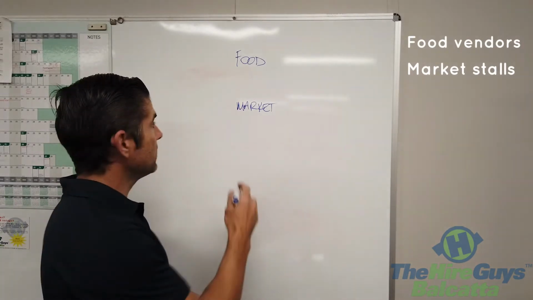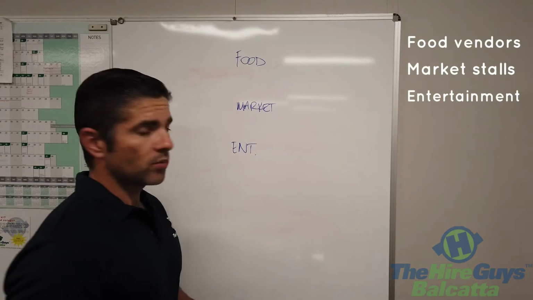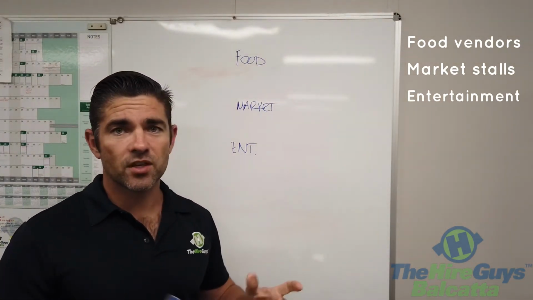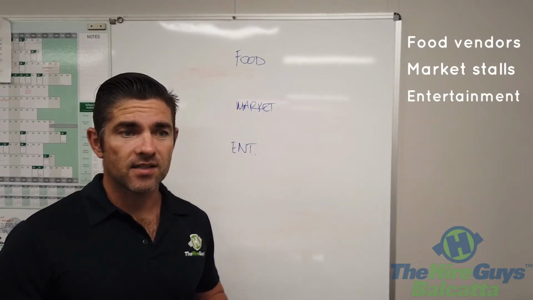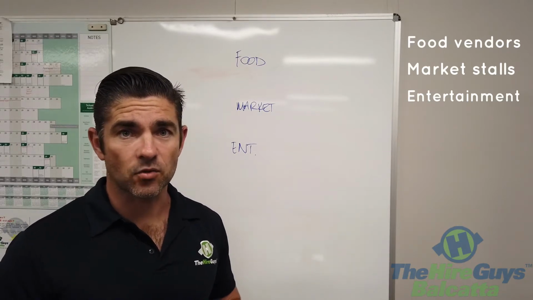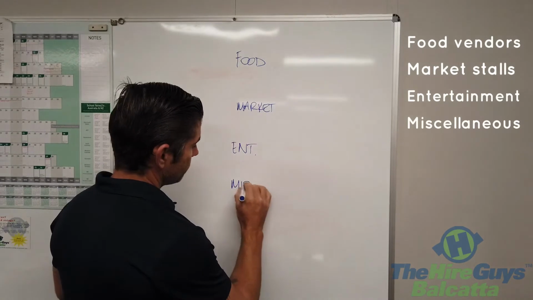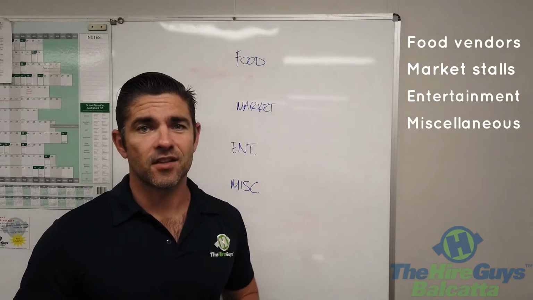We go on to entertainment. So entertainment is anything from a large scale audio visual, light and sound production down to a small PA for either an acoustic setup or just an announcer/hawker. Then we've got miscellaneous. So miscellaneous covers everything else outside of those three categories.